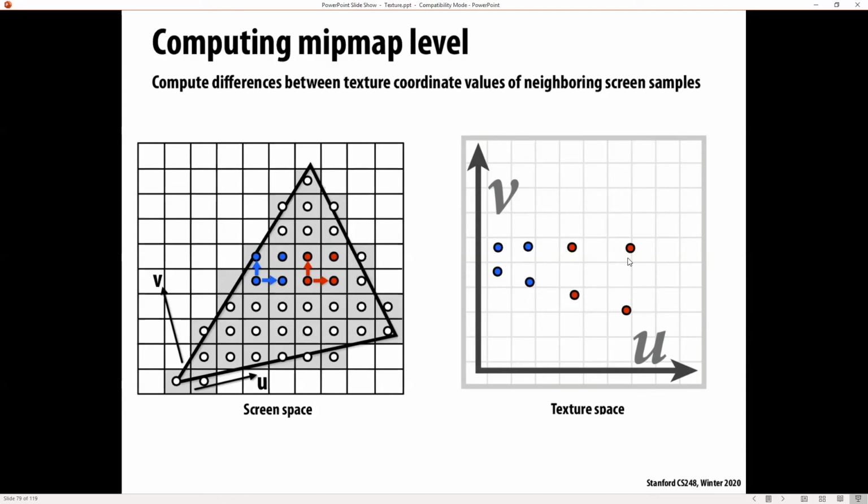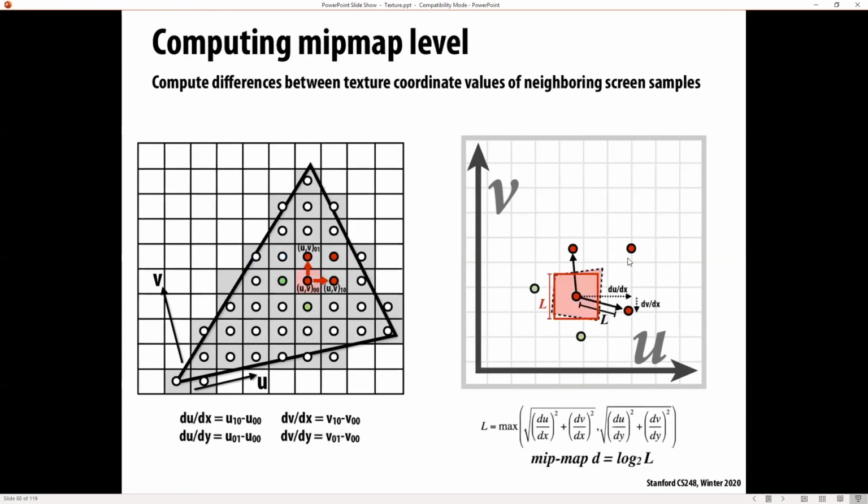So internally, it knows how big this is between the neighboring pixels. So it can do a calculation that says, if I consider all of my neighboring pixels, how far away were they? Calculate some derivatives or differences from the neighbors, and then calculate some size, where if the size is 1, we want to use the top level of the texture map.